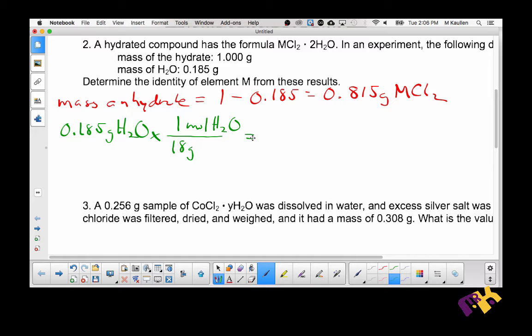Or if you remember that you just need to divide by the molar mass, then divide by the molar mass. Use Mole Island to help you out. So you should find that this is 0.010278. I rounded it there. And this would be moles of water.